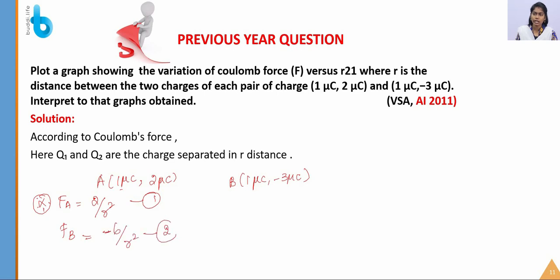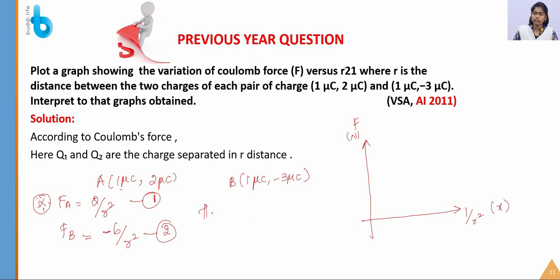Consider this as equation 2. By considering these two equations, you have to plot the graph where F is taken on the y-axis and 1 by r square is taken on the x-axis.